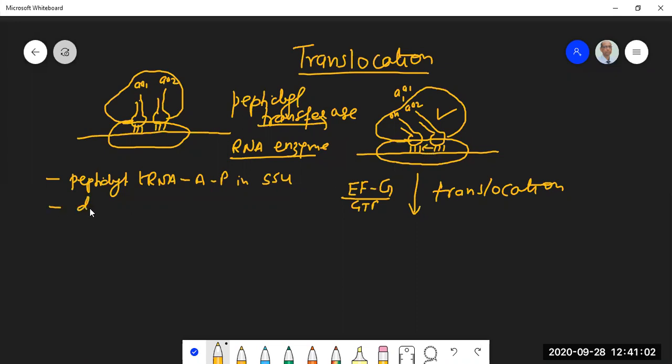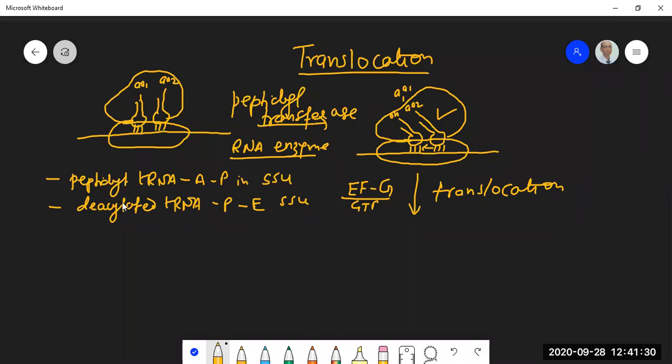Similarly, the deacylated tRNA moves from P site to E site in the SSU. It's already there in the E site in the LSU. The lower half, which was at the P site, shifts to the E site, the exit site.